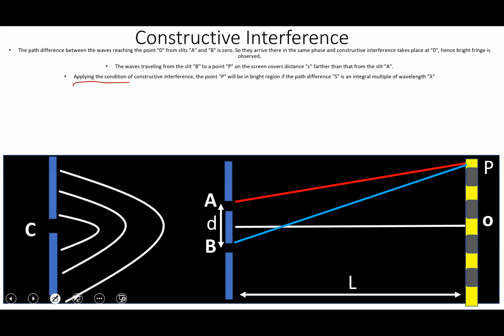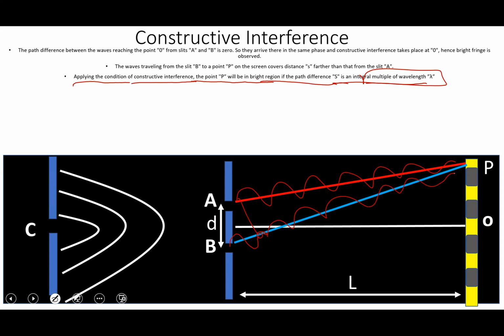Applying the condition for constructive interference, the point P will be a bright region if the path difference S is an integral multiple of lambda. That means if the extra distance covered by B is equal to a whole lambda or any multiple of lambda, then the wave reaching this point P will be in the same phase, and we can see a constructive interference acting over here.